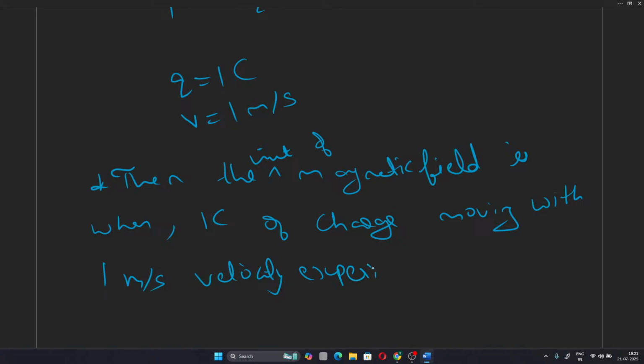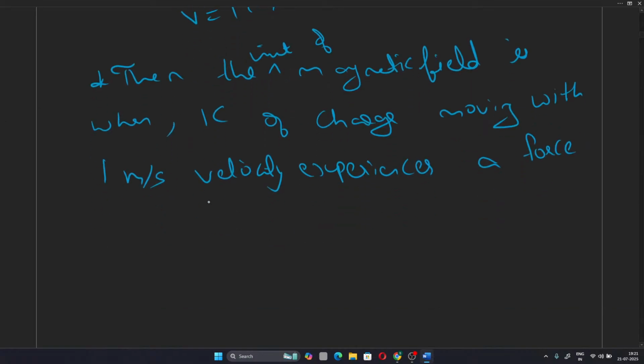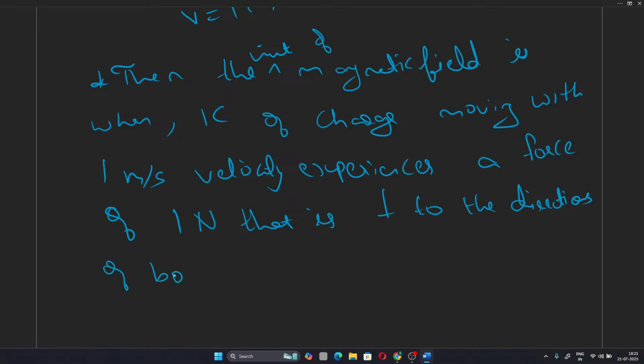experiences a force of 1 Newton that is perpendicular to the directions of both velocity and magnetic field.